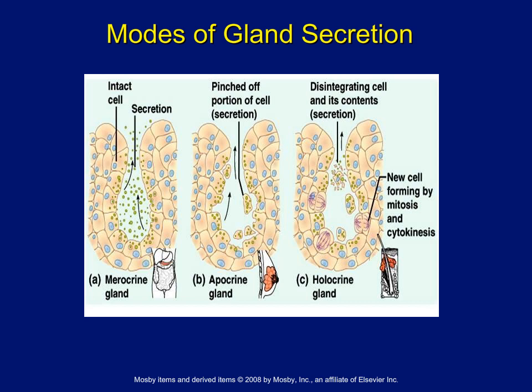Now depending on whether we're talking about humans or animals, people will debate whether there are truly apocrine glands in the body. In animals we do believe we have apocrine glands. In humans we're not so sure that the mammary glands are apocrine glands. But any time you have the apical portion of a cell pinched off, that would technically be classified as an apocrine gland.